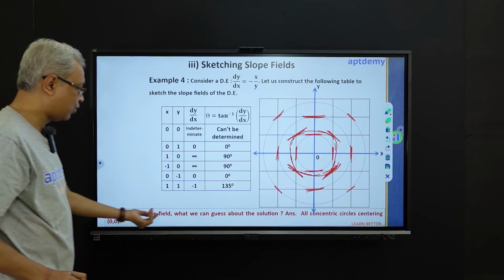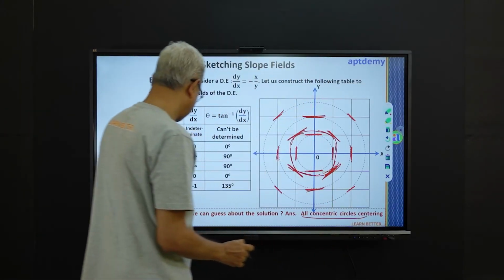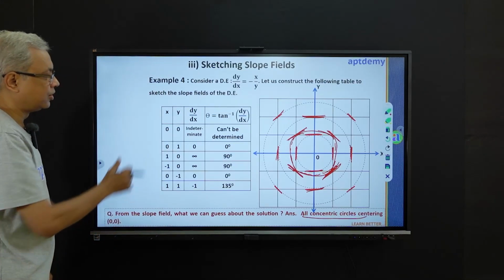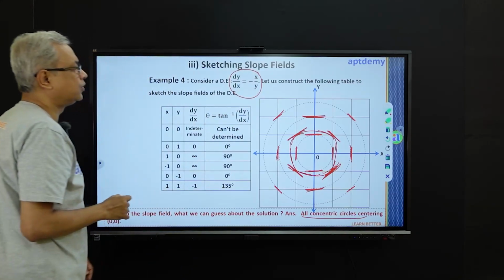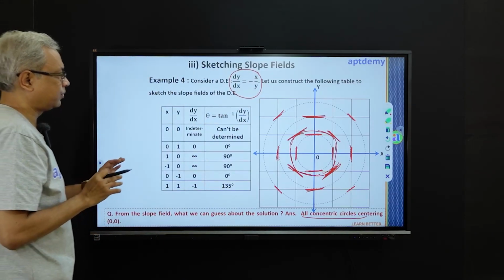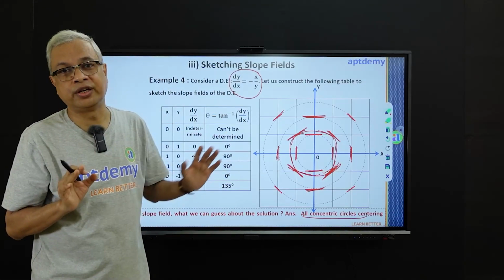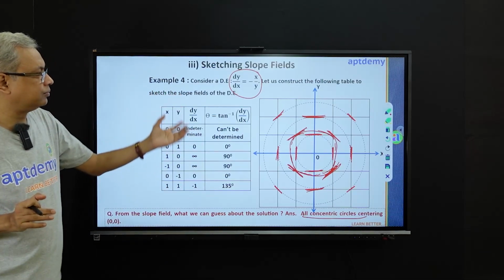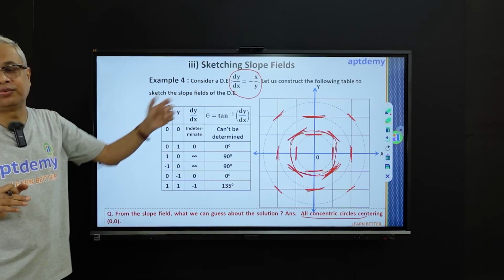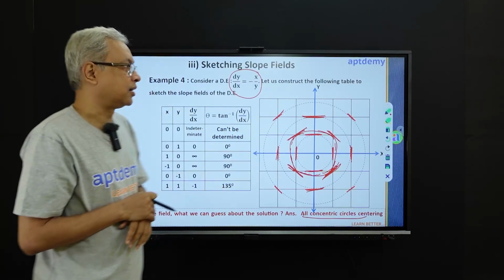Okay, so from the slope field, what can you guess about the solution? All concentric circles centering the origin. Okay, so dy/dx equals negative x by y. We do not know how to solve this differential equation so far, but we can guess that the solution of this differential equation will represent a set of concentric circles.